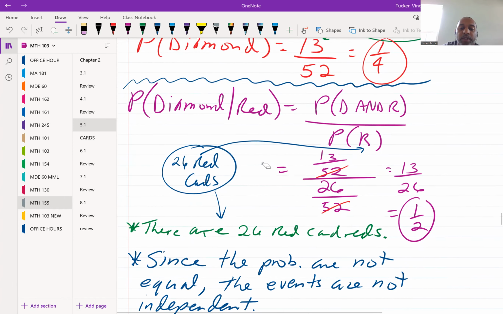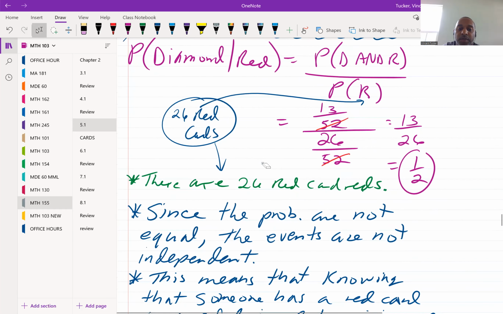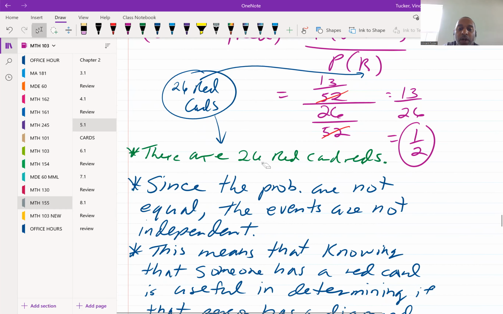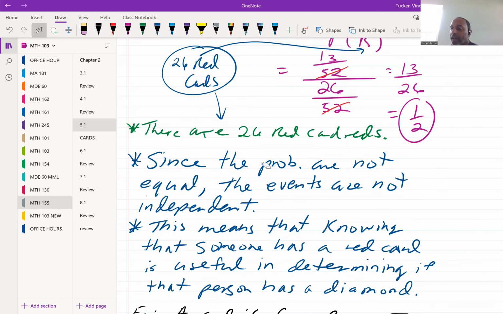Since the probabilities are not equal, the events are not independent. This means that knowing that someone has a red card is useful in determining if a person has a diamond.